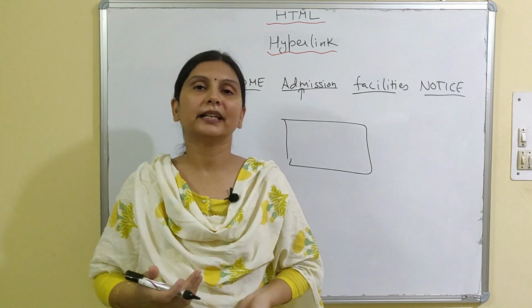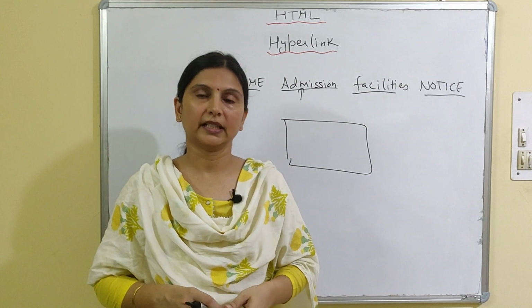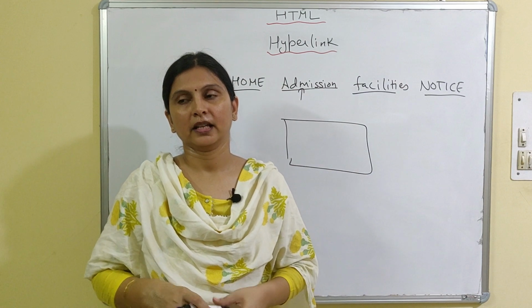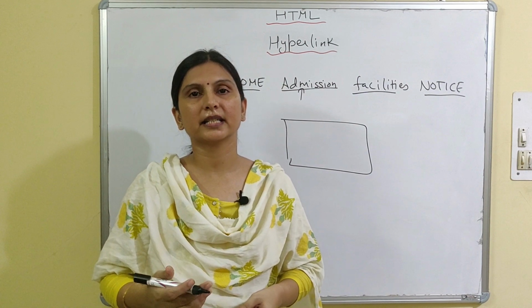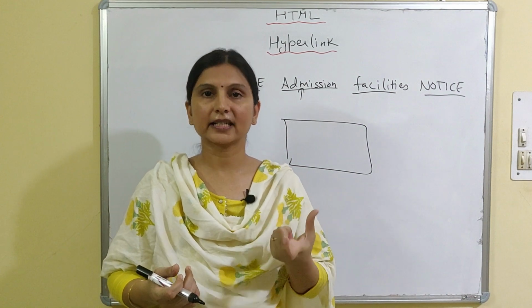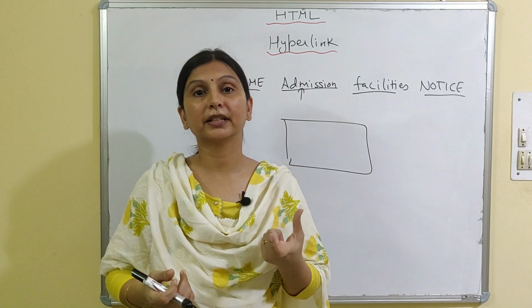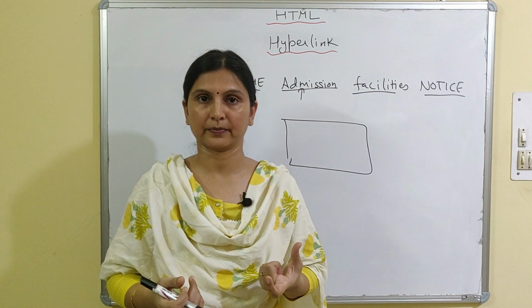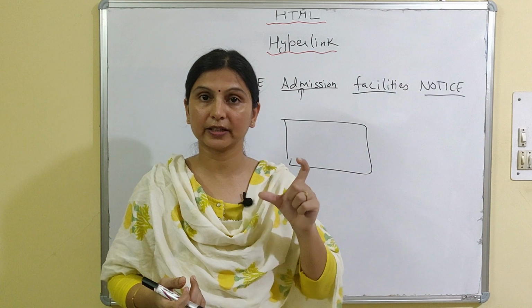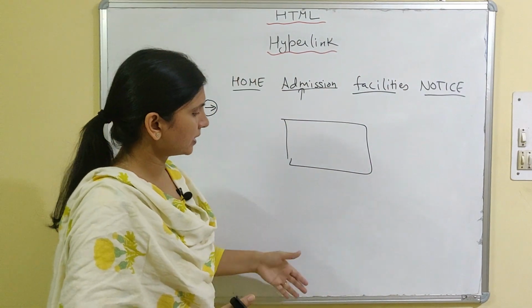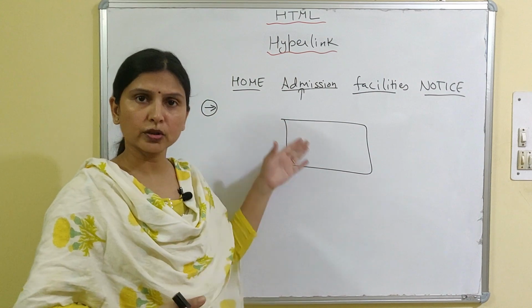See, a hyperlink can be of two types: internal hyperlink as well as external hyperlink. Internal hyperlink means what? It means it creates a link between two sections of a web page. Suppose there is a web page having huge data, huge information.